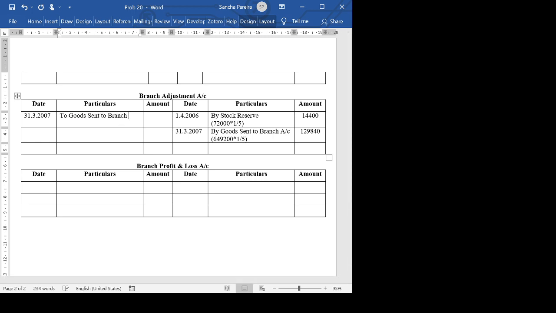I told you, even though it's the branch sending it to the head office, it comes under the head of goods sent to branch, whether it's the head office sending to branch or the branch sending to the head office. So 12,840 into 1 by 5 comes to 2,568.